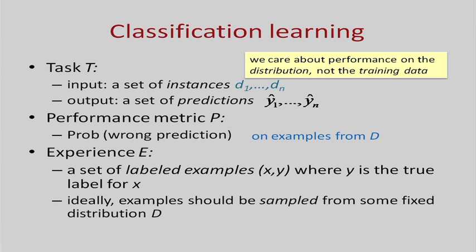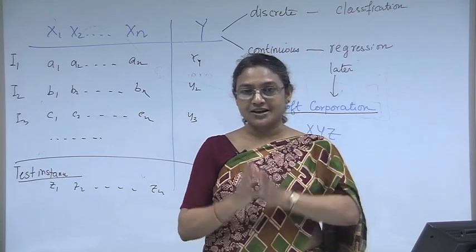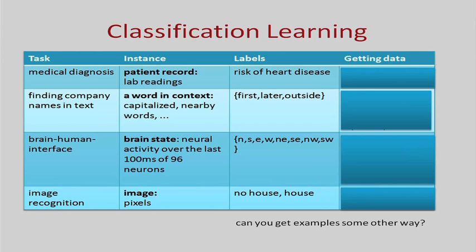For those training examples, you have the ground truth data. And these examples come from some fixed distribution. During the training, these examples are drawn from a distribution, and what is expected is that when we get test instances, those examples also come from the same distribution.